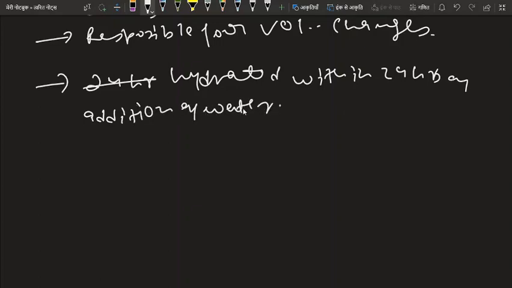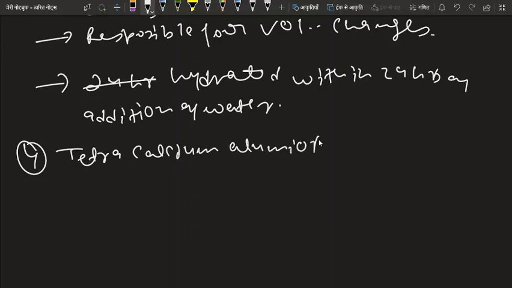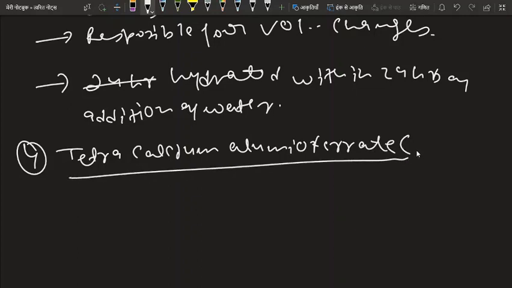Okay, and now we move on to our fourth Bogue compound, which is tetracalcium alumino ferrite, also called C4AF.